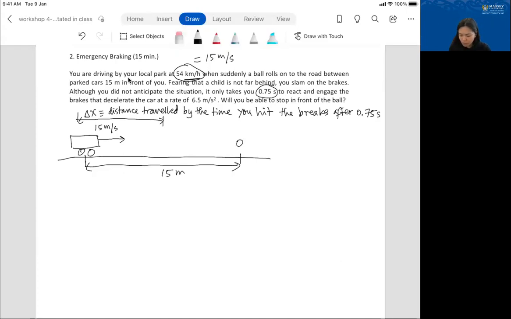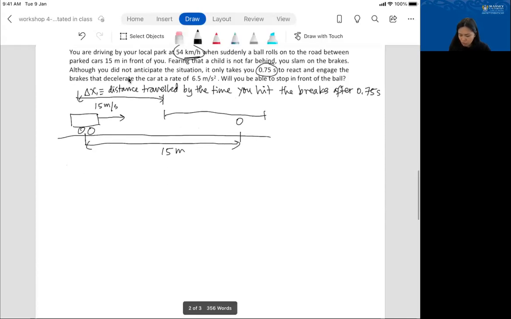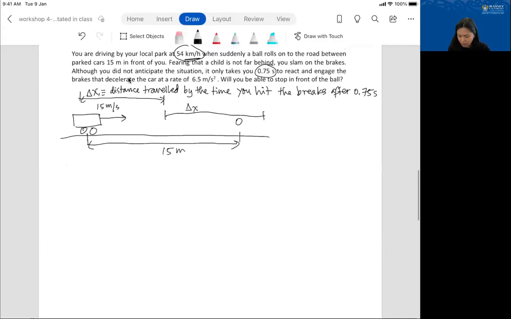So there are two distances. So that's the first distance there. And the second distance will be the distance that you traveled, delta x2, distance while decelerating.